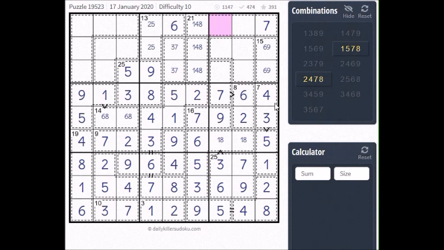For example, if this is 2, 4, 7, 8, now the 2 and 4 cannot be there, so this is 8, 4, 2. And if it is 1, 5, 7, 8, then this would be 5, and this would be 1, 8. I think both are possible.